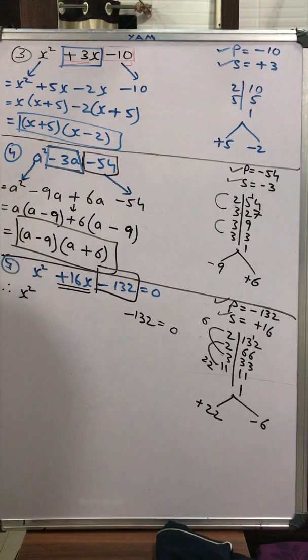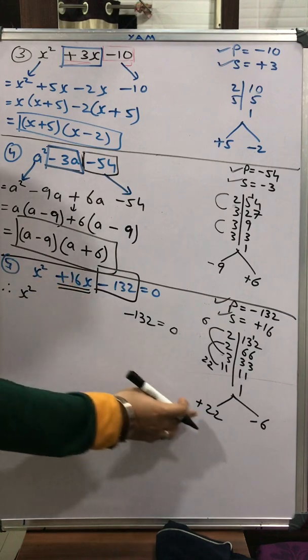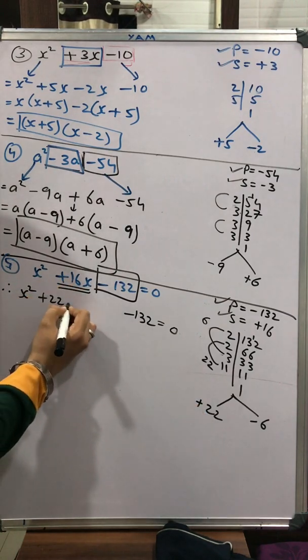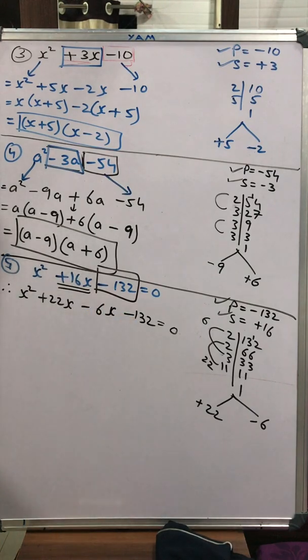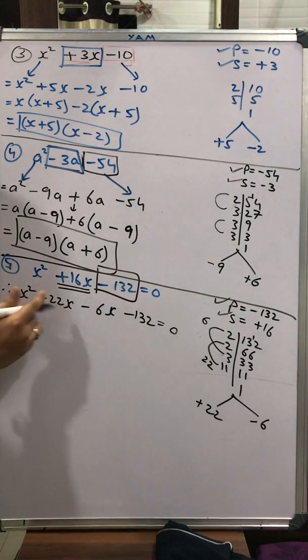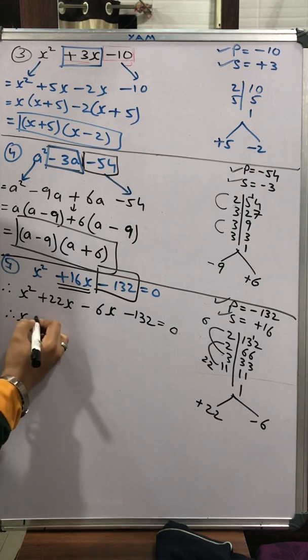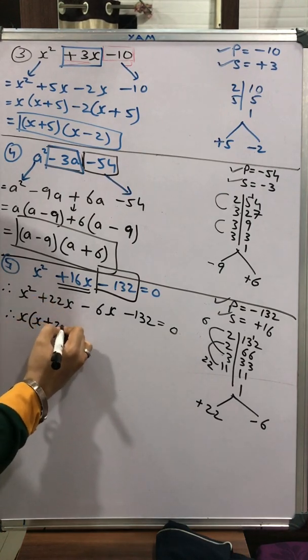This is the logic. Okay, so x square I wrote as it is x square. Now I'm splitting plus 16x, so instead of plus 16x, I'll write plus 22x, of course, and here I'll write minus 6x. If I remove common from these two, so if I remove x common, from here x is remaining and plus 22.